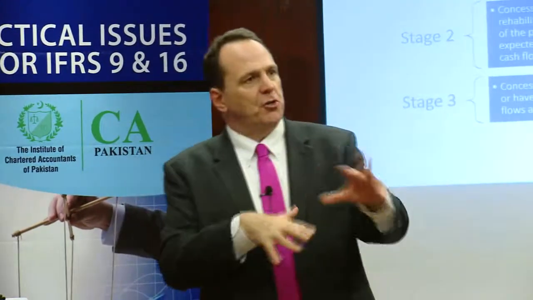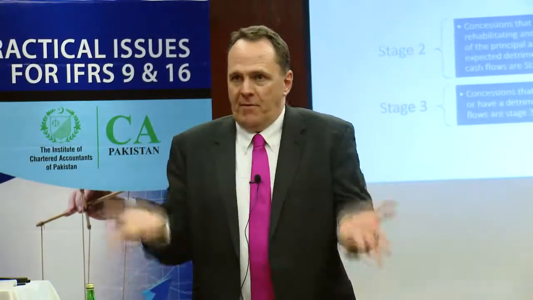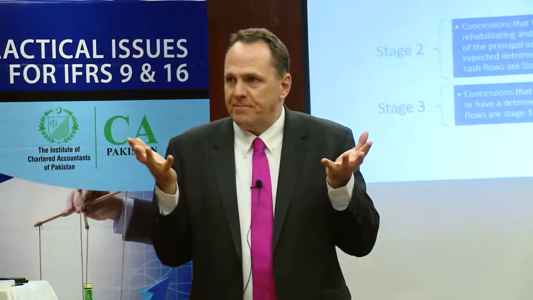And stage 3 is when you give someone a concession, like if I tell you I'm going to waive interest for 6 months. That's stage 3, because I'm saying I'm going to suffer a loss. If I'm saying I'm going to restructure your payments, but I'm not going to forgive any interest, I have a higher risk. That's stage 2, correct?